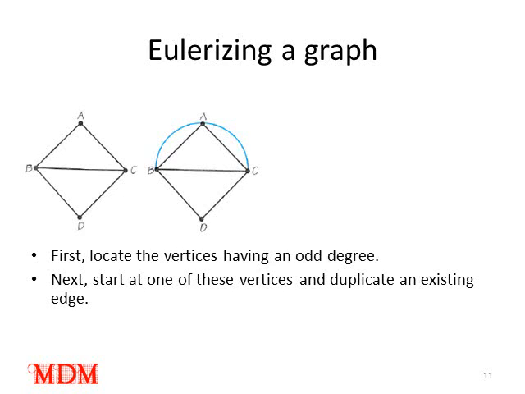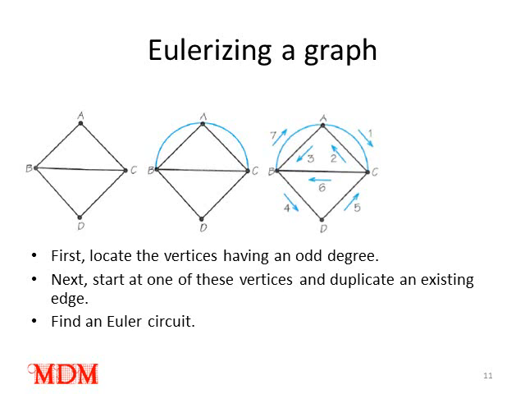Now the graph is all connected and each of the vertices has an even valence. Our next step is to find an Euler circuit. The numbers and the arrows indicate the circuit.